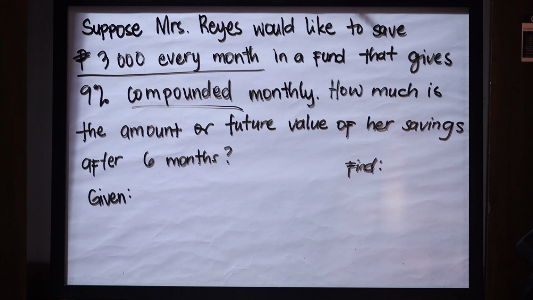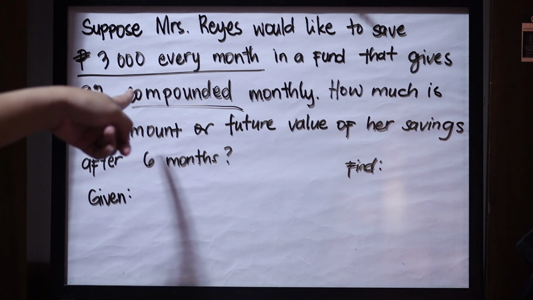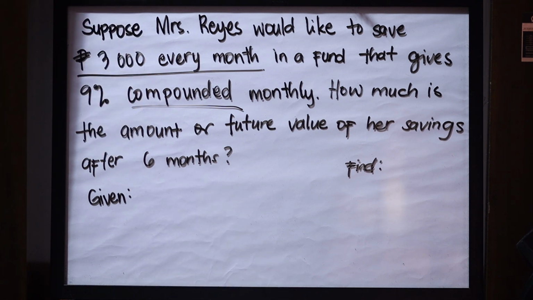Because in compound interest, the amount of money is given only once. Like, you only have a principal amount or a future amount, then that's it. Problems under compound interest don't contain statements such as this one, which explains that you will put in money for consecutive months or consecutive years.